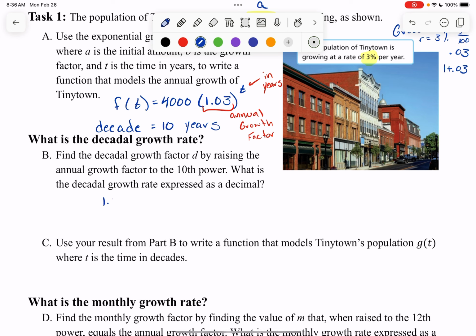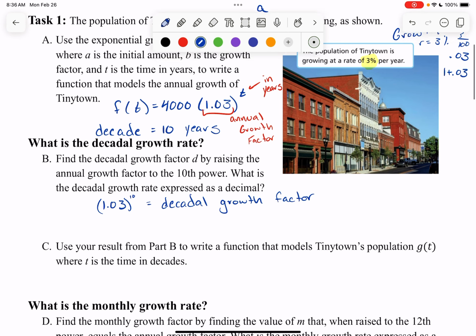So I would take that 1.03 to the 10th power. And that is the decadal growth factor.